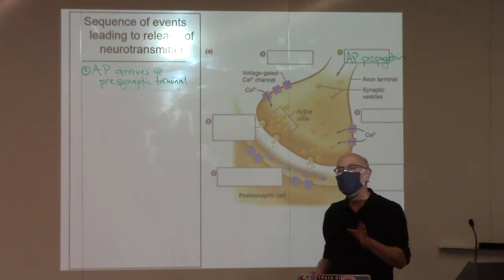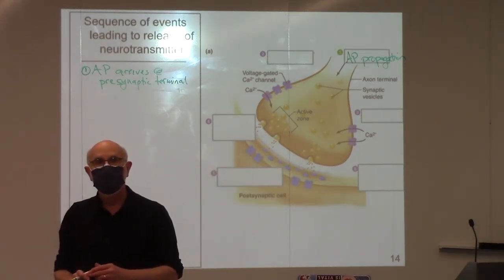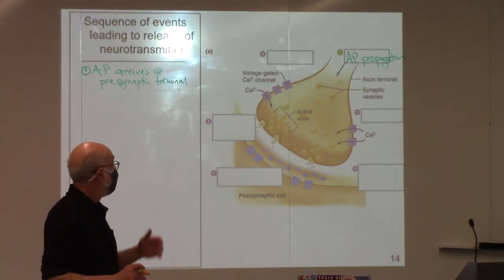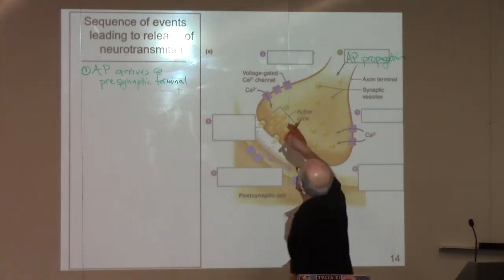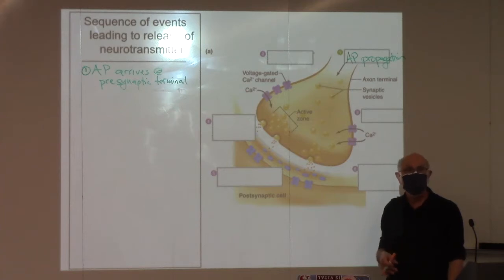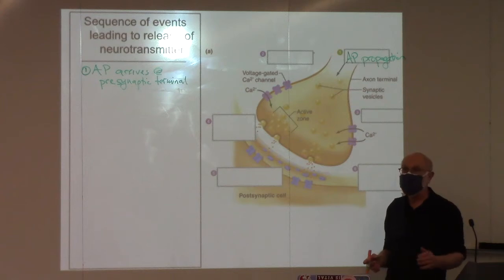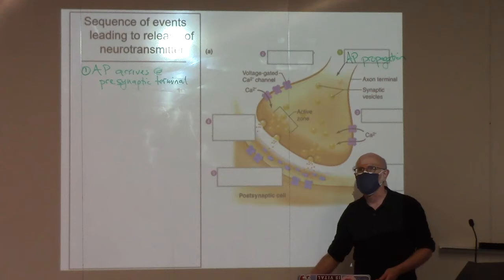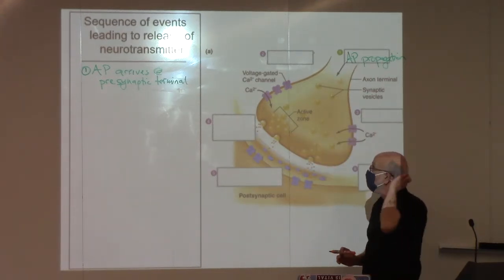Say that again? You're close. Basically the action potential from the previous one opens the calcium channel? Exactly. So these are voltage-gated calcium channels. They're similar to voltage-gated sodium channels, but they're highly selective for calcium ions, and they're slow compared to voltage-gated sodium channels. But they're there. They're highly expressed in the synaptic terminal.